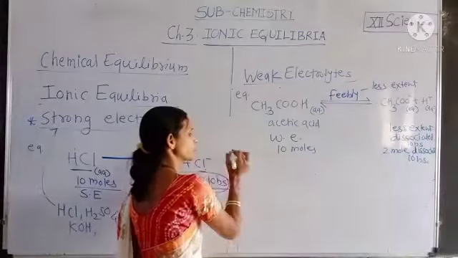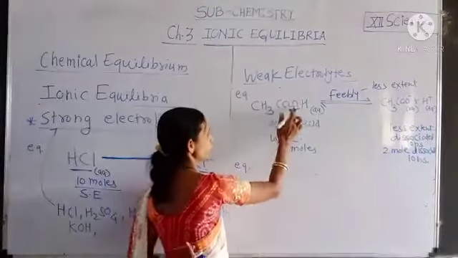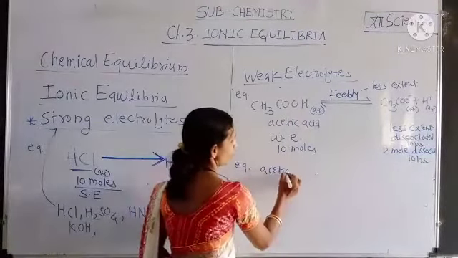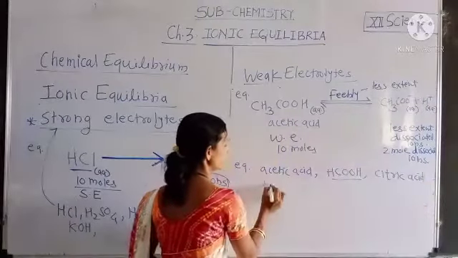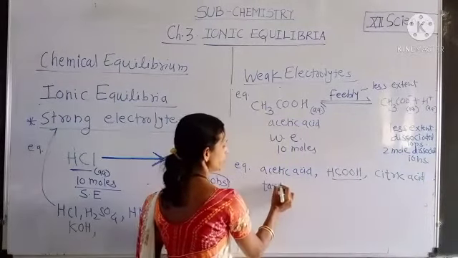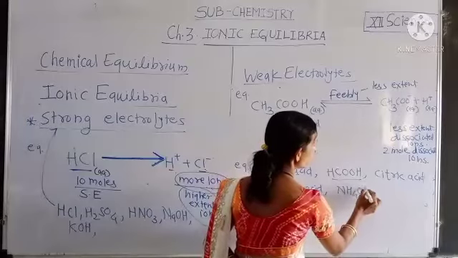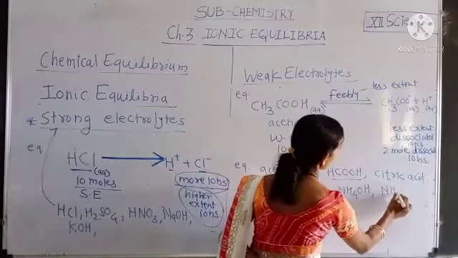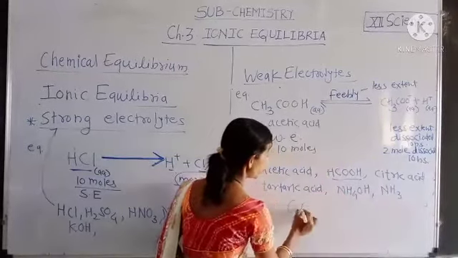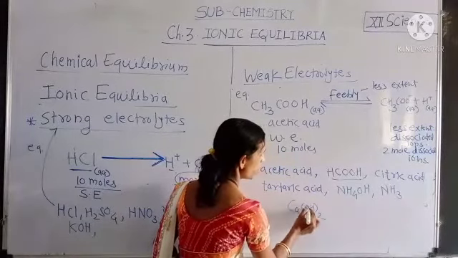There are a few examples of weak electrolytes: acetic acid, formic acid which is present in red ants, citric acid which is present in lemon, tartaric acid which is present in tamarind, then NH4OH, ammonium hydroxide, ammonia, and Ca(OH)2, calcium hydroxide, that is lime water.